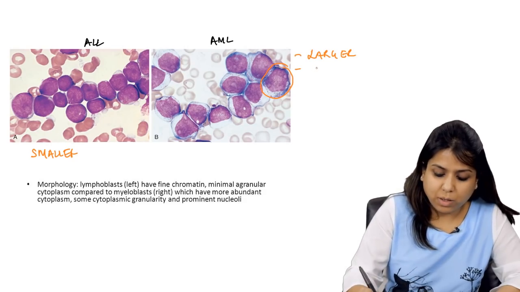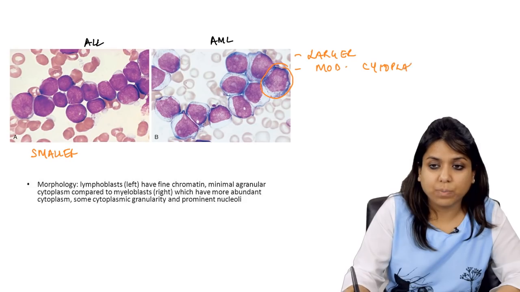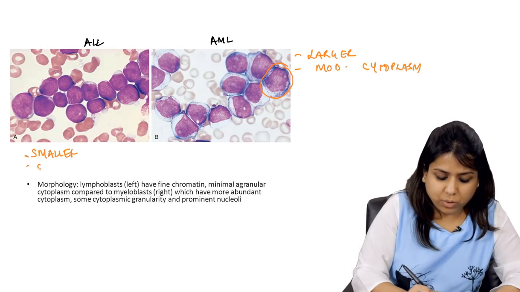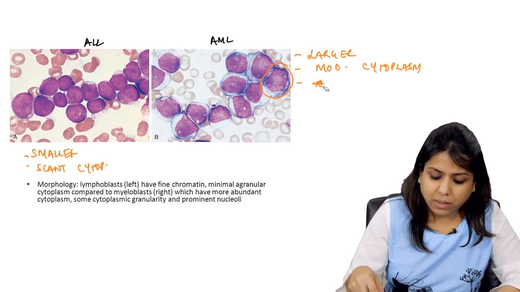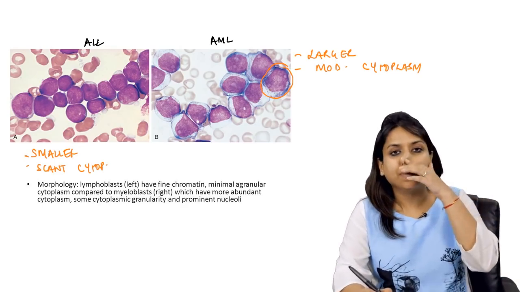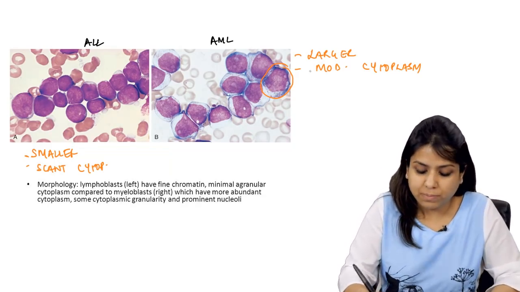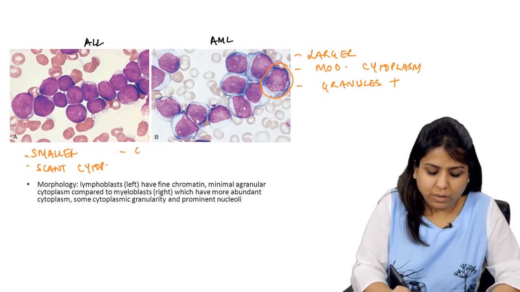This cell has got moderate cytoplasm. This cell has got scant cytoplasm. This cell, a myeloblast, has got granules. Everybody can appreciate the granules in the cytoplasm. So granules present. Here, granules absent.